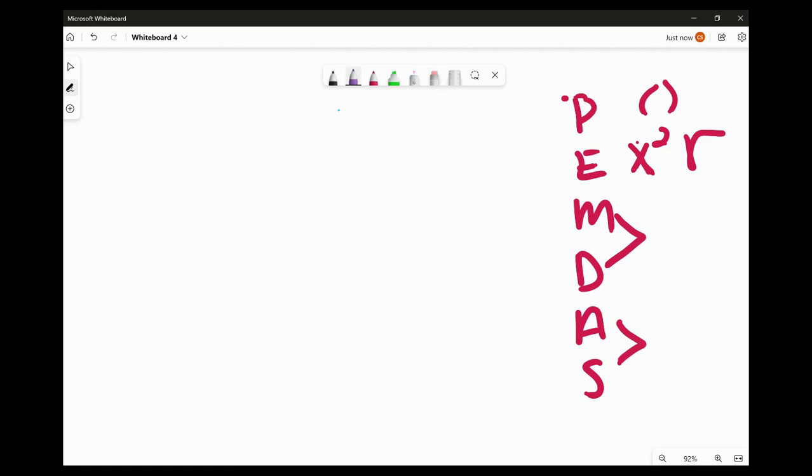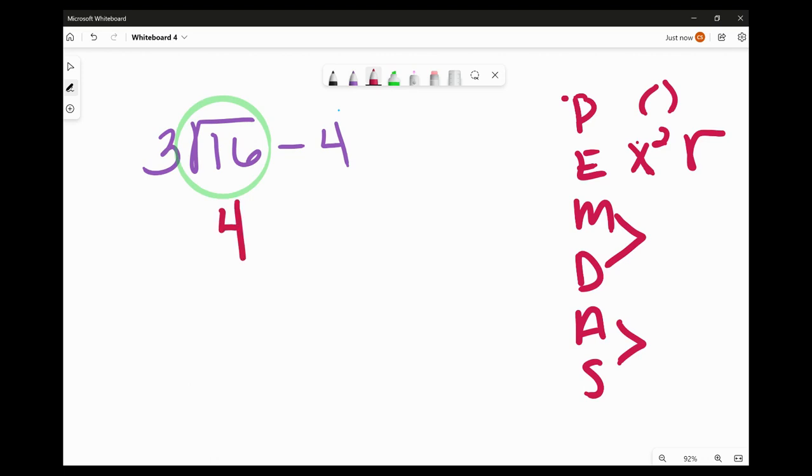Let's say it looks something like this: 3 times the square root of 16 minus 4. Okay, in this problem, there's no parentheses. There is exponents or square roots, which is right here. All right, so we want to do that. So the square root of 16 is 4.